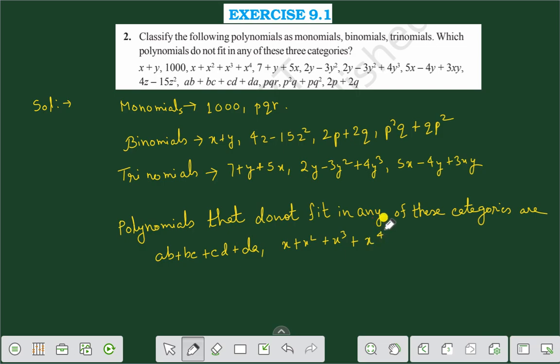These polynomials do not fit any of these categories, right? That means there are two monomials, 1, 2, 3, 4 binomials, and 1, 2, 3 trinomials, and these two are polynomials that do not fit in any of these categories.